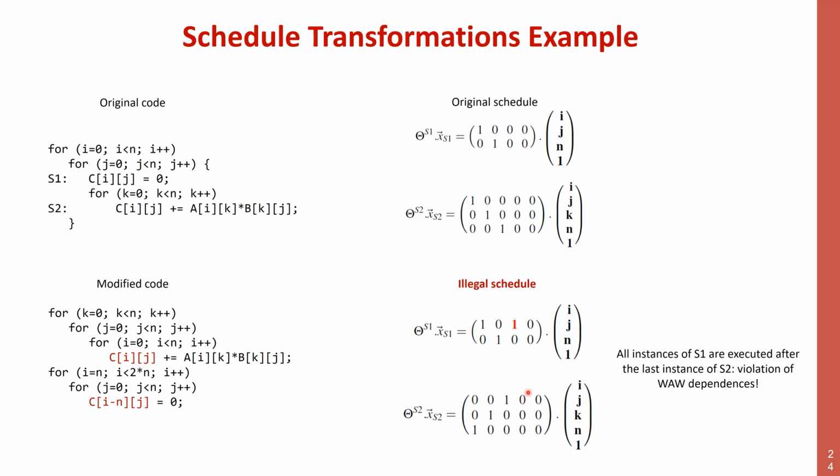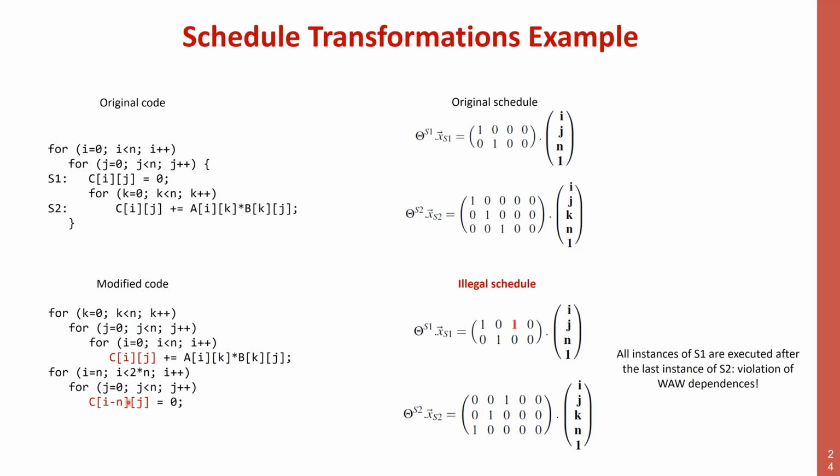Now, what this n added to the first coordinate means is that all the iterations of S1 will now be after the iterations of S2, which is what is written in code here. Again, there is an immediate correspondence between the code and these matrices.